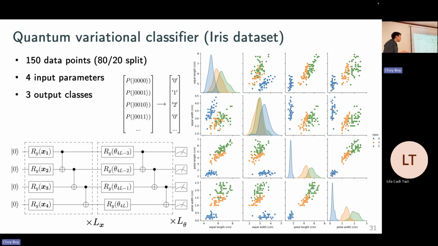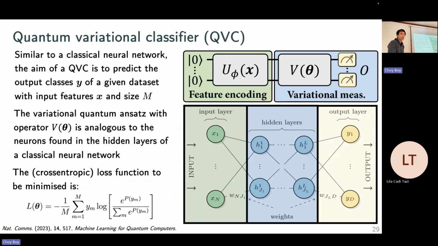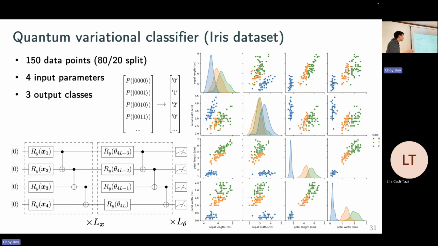Unlike UCC or QAOA, there are actually a lot of things that need to be considered. What makes a good encoding? What is a good ansatz? And what sort of output encoding do you want to use? All these parameters make ascertaining the parameters of quantum machine learning quite difficult.